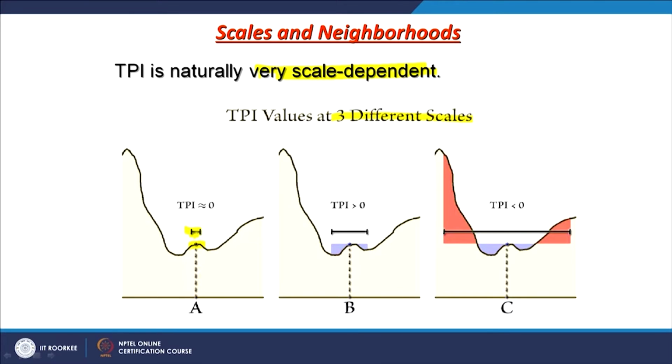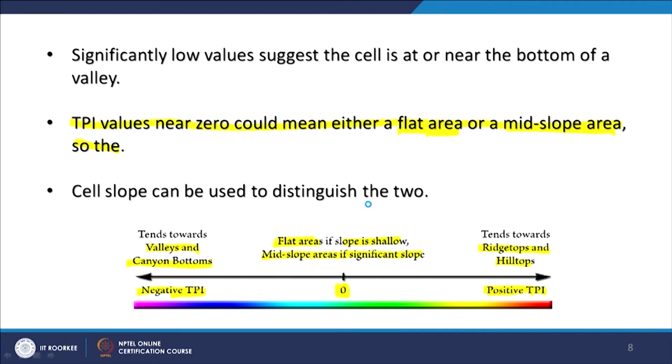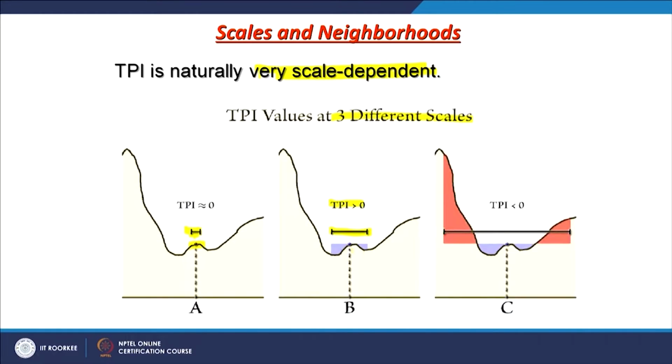Too high resolution. In the case of mid resolution, for the same area, same profile, it is showing a TPI value more than 0. When the TPI value is positive, then it is a ridge top or hilltop. So whether it is really a hilltop or ridge top, yes, it is.